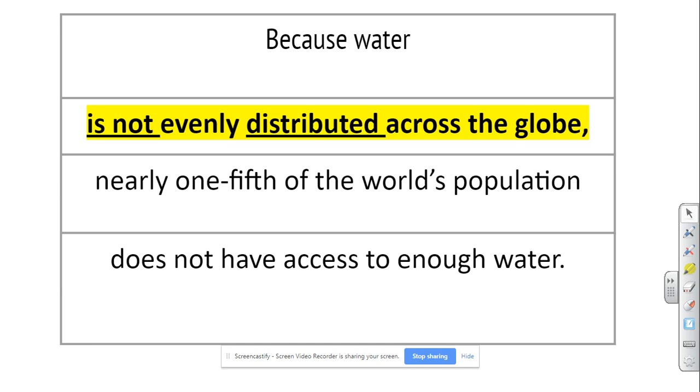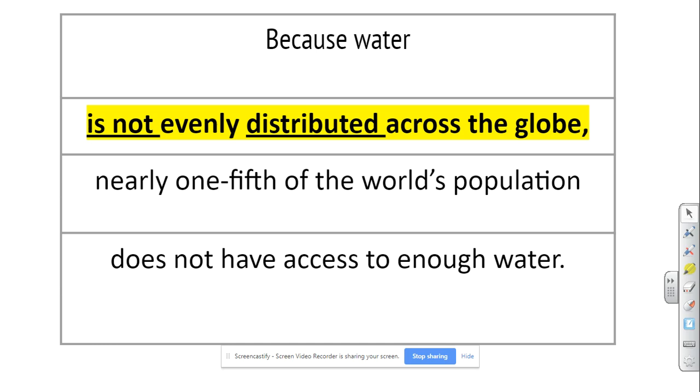I have underlined is not and distributed. I have underlined these because this pair is the function of this verb. Both of these describe an action or a state of being. Is not distributed would be a past participle, a negative present passive.